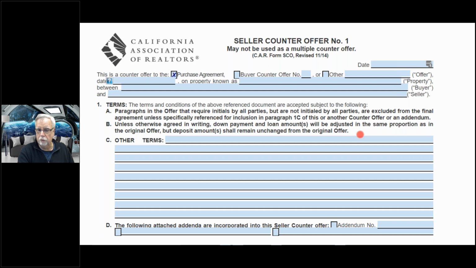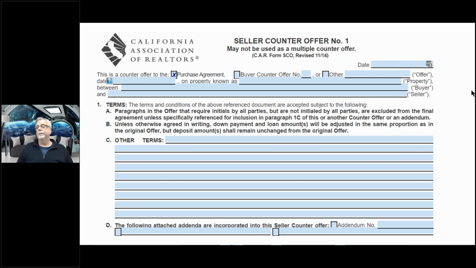It's 80% of 1.3 million, but your original deposit, which was 3% of 1.2, let's say, does not change unless we type in something that says deposit to be increased to. If you really want 3%, you have to say something.